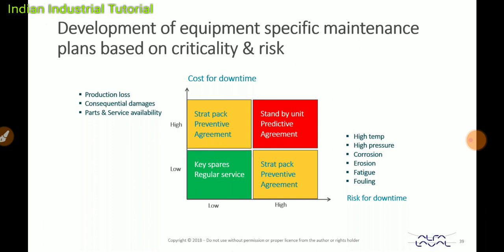And then we have to segregate those heat exchangers, like where production loss and consequential loss damages are more. We have to keep these heat exchangers, in cost of downtime, in the yellow zone. And for risk of downtime, we can see high temperature, high pressure, corrosiveness, erosion, fatigue and fouling. Those heat exchangers can be risk of downtime. You can put them in a yellow zone.